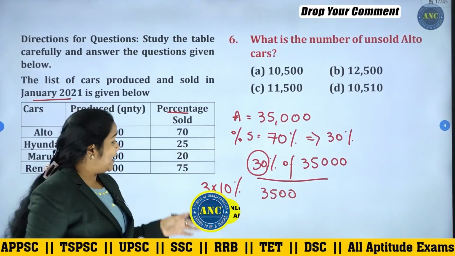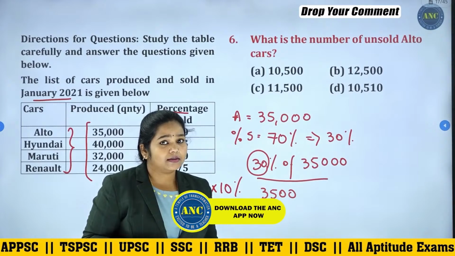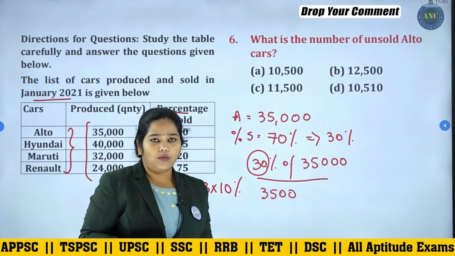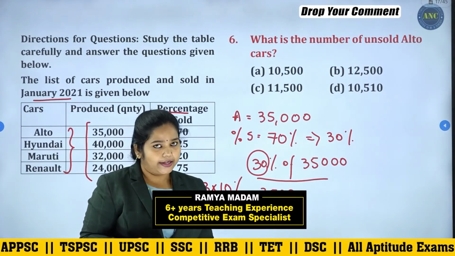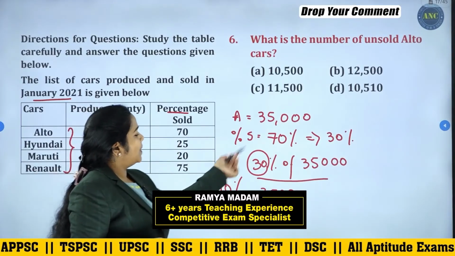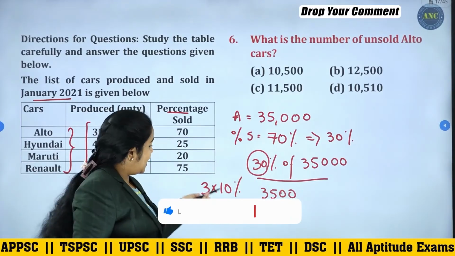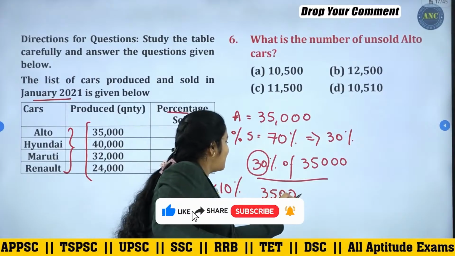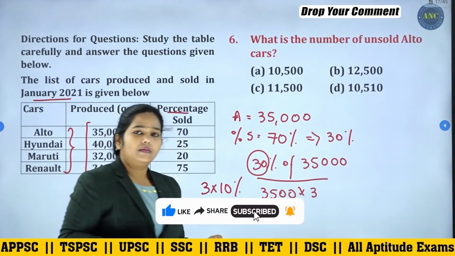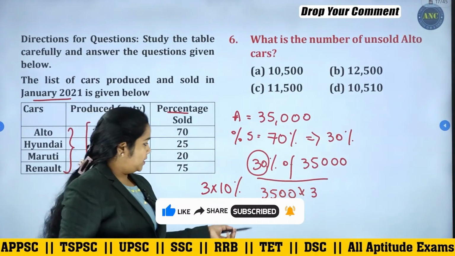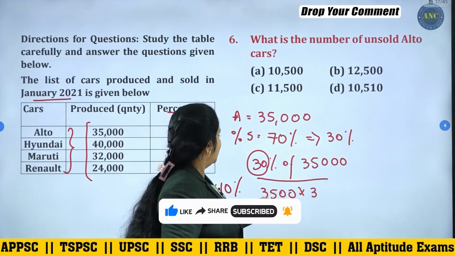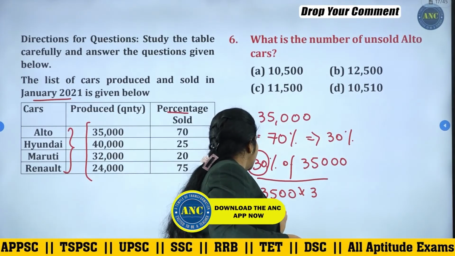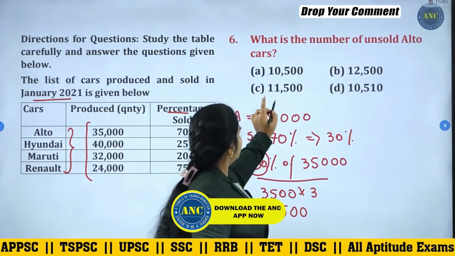Can we write 30% as 3 into 10%? It's multiplication, no? Yes, we can write. So, 10% of some number is 3,500. Then, you will multiply that 3,500 into 3. So, what will be the answer? 3 5s are 15. Check the options.